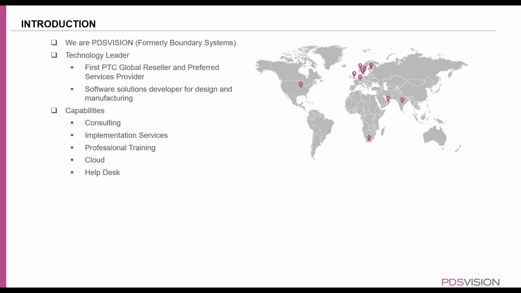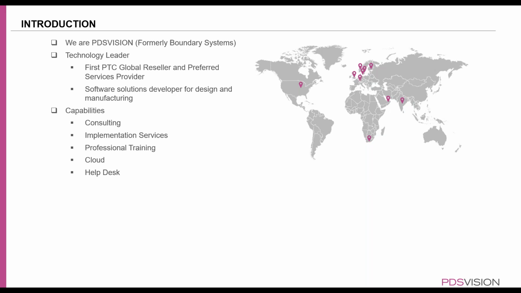So we are PDSVISION, formerly known as Boundary Systems. We are technology leaders and the first PTC global resellers and service provider. Some of our capabilities: we help customers on a consulting basis, with implementation services, professional training, cloud services, and then we also have a pretty good help desk to help all our customers.